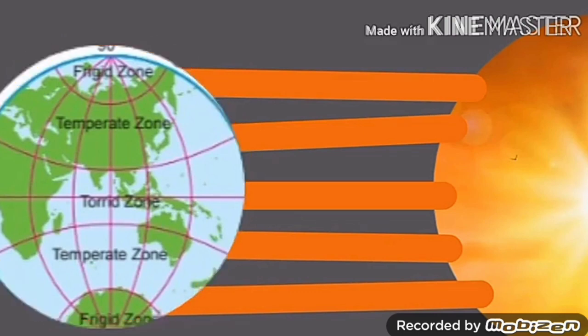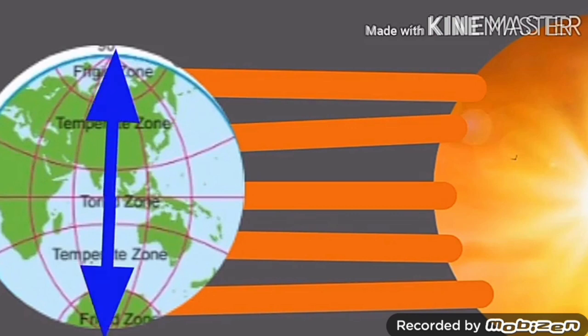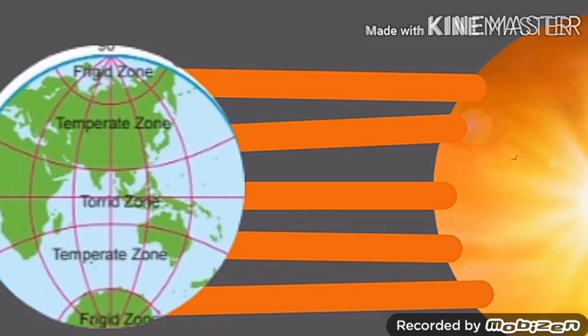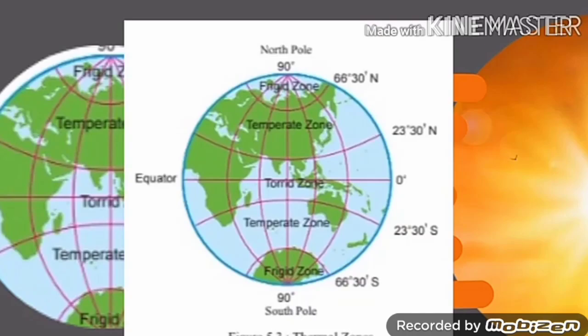This leads to unequal distribution of the heat received from the sun, resulting in decreasing temperature from the equator to the north and south poles. Based on the distribution of temperature, the earth can be divided into torrid, temperate and frigid zones, or tropical, temperate and polar regions. Try to understand this from the figure.